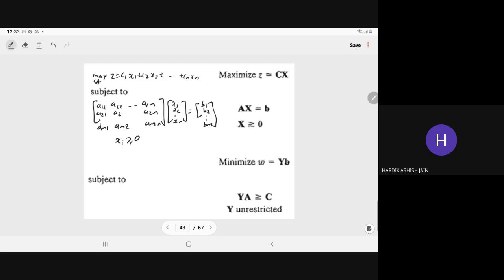So we can write it in the standard form: maximize z = cx subject to Ax = b and x ≥ 0.